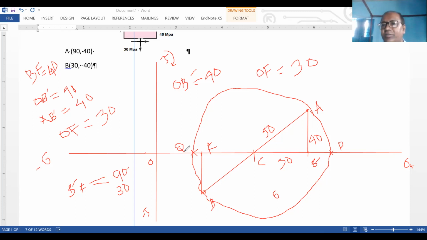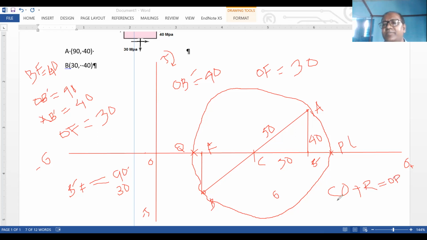Obviously, the y coordinate is 0. So the x coordinate of point P is the principal stress sigma 1. I can directly put the number or you can put the coordinate. What is the OP? I can figure out OP equal to CP plus OC. That means if I add OC plus the radius of the circle, I'll get the distance OP.